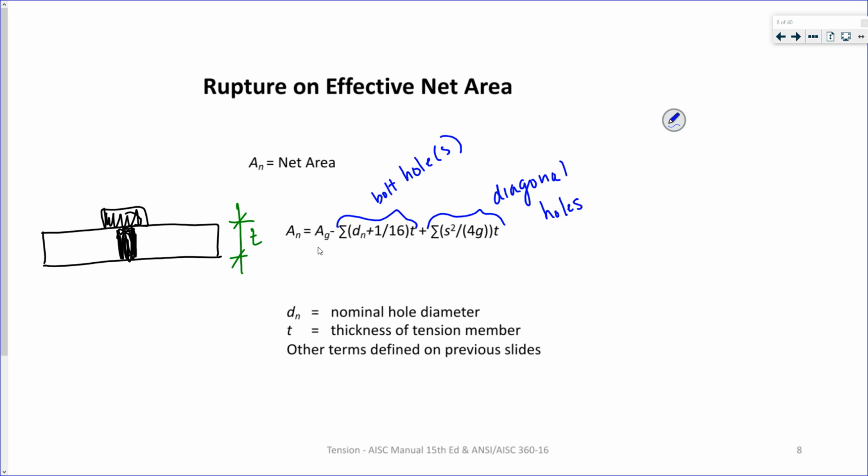The bolt holes you subtract out because you're actually subtracting material to make space for your bolts. Diagonal holes, this is just saying a diagonal is longer than a straight line, right?